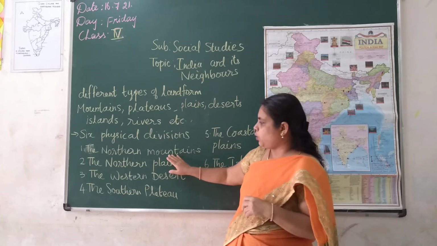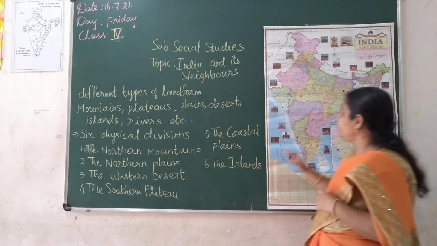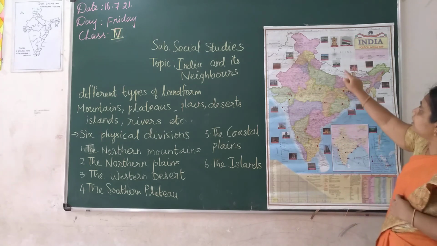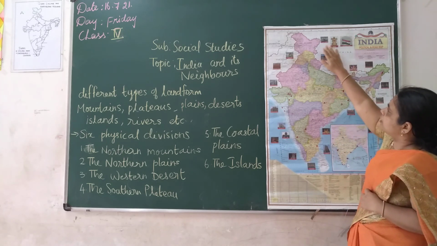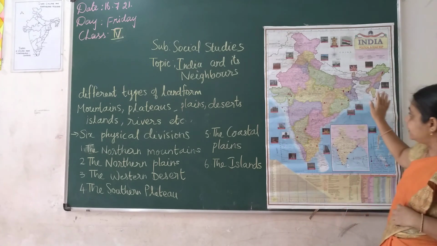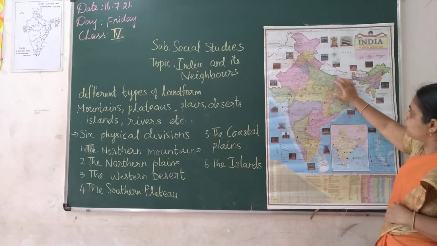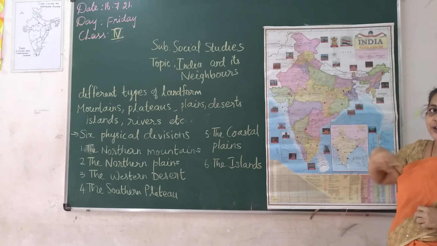The first one is the northern mountains. In your map, this side is north, south, west and east. Here it is a political map, I will show you in the atlas.